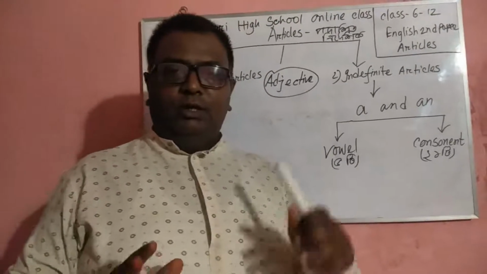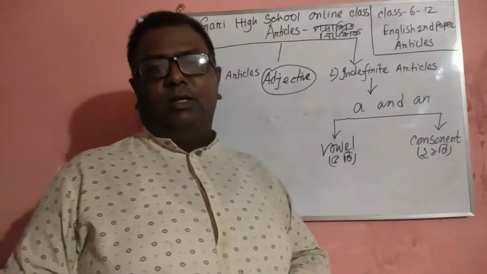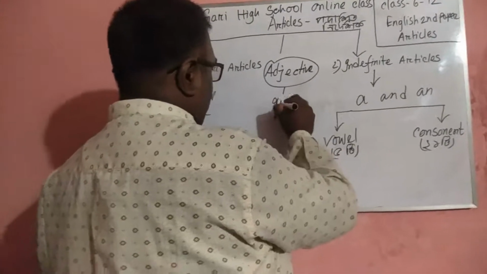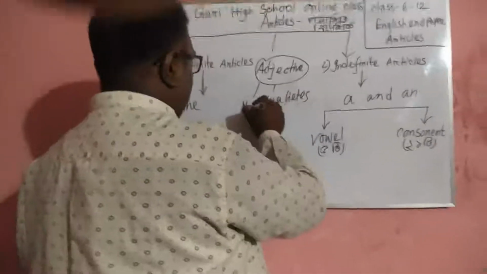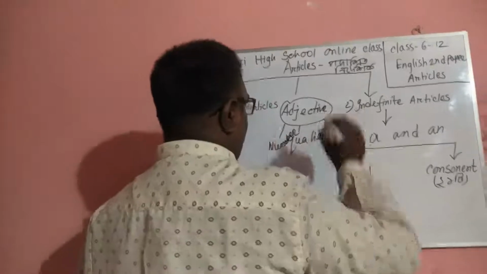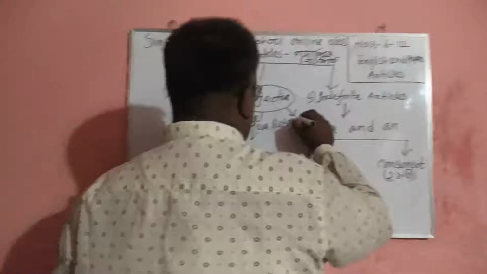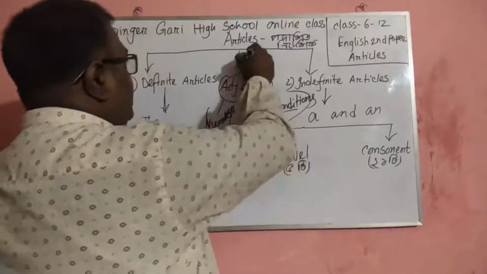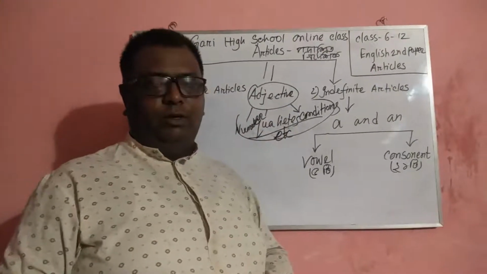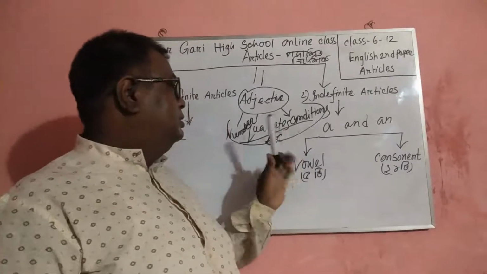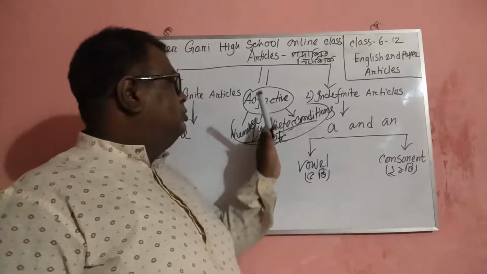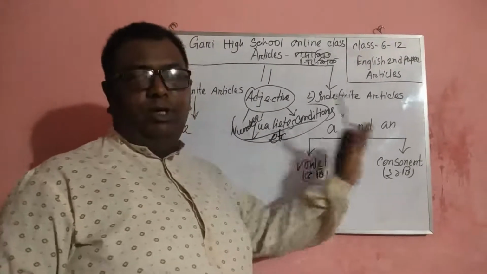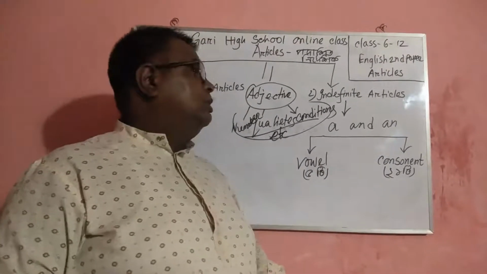Adjective is a word which modifies the noun and pronoun with its qualities, number, condition, etc. So here, article is a part of adjective, and we are going to learn how we use articles and fill the gaps in our contextual or in our exam history.